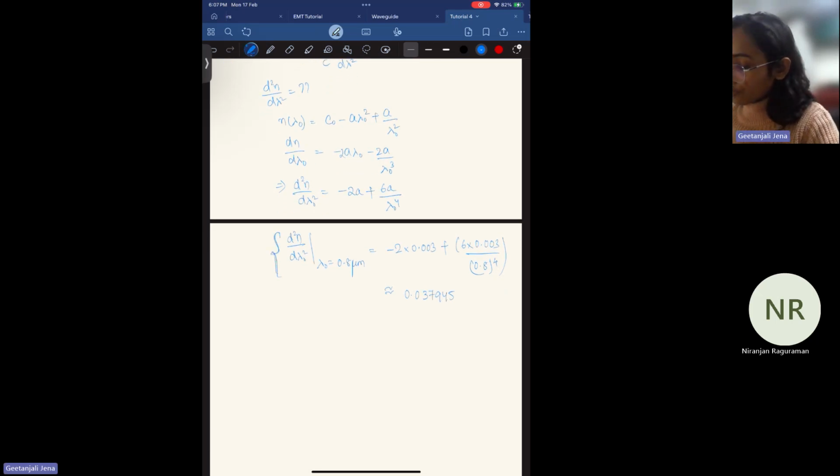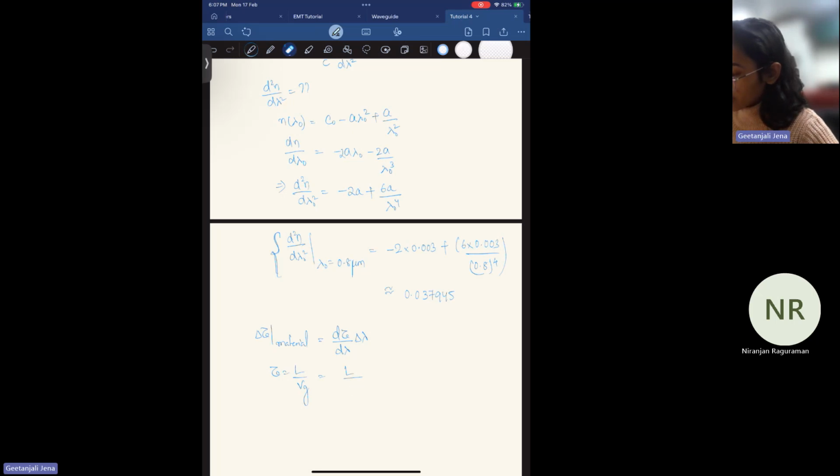The dispersion due to material refractive index is given by d tau by d lambda times delta lambda. Tau is nothing but L by Vg.